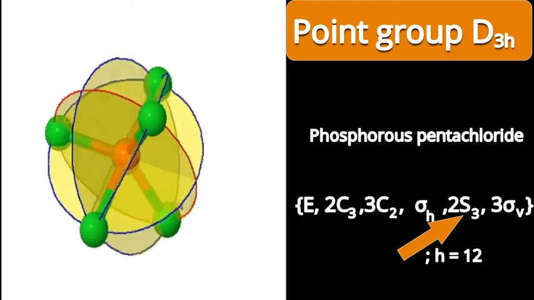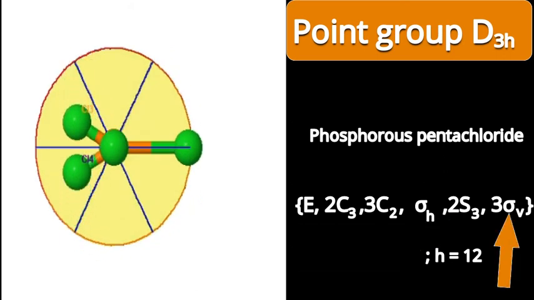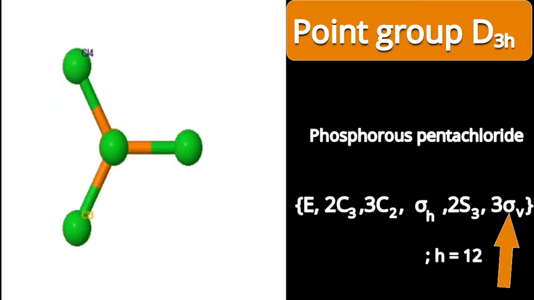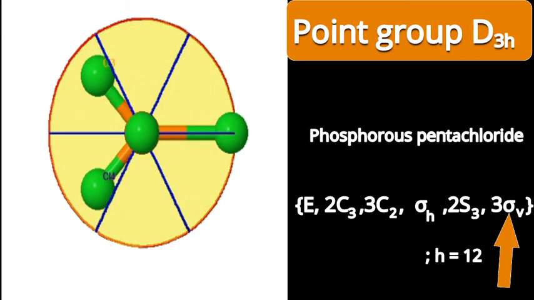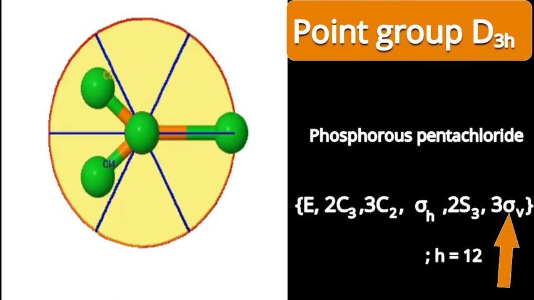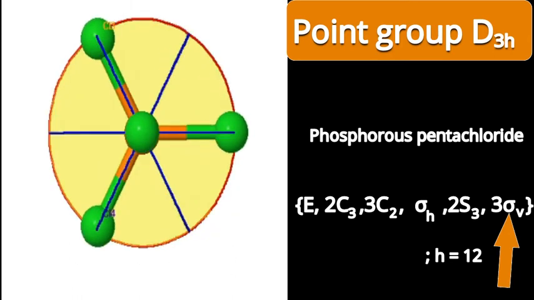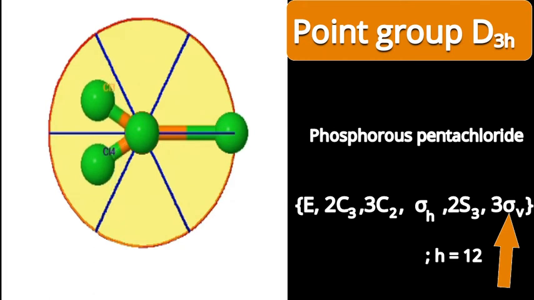After that, is any vertical plane possible? Yes. A plane along the principal axis, that is C3, and any phosphorus-chlorine bond is our symmetry plane, and the name of that plane is vertical plane. How many such planes are there? 3 possible planes, represented here in blue color.